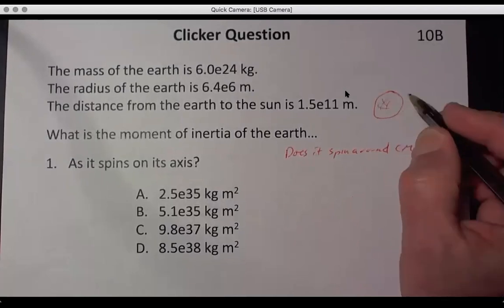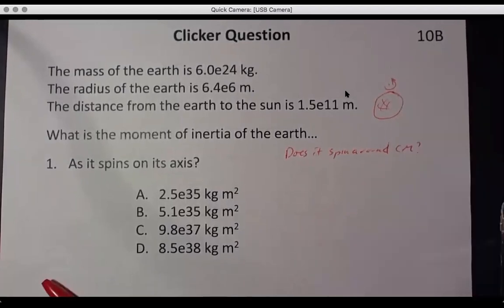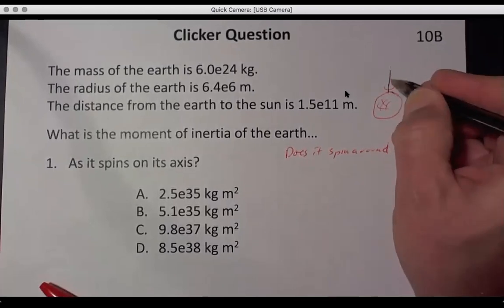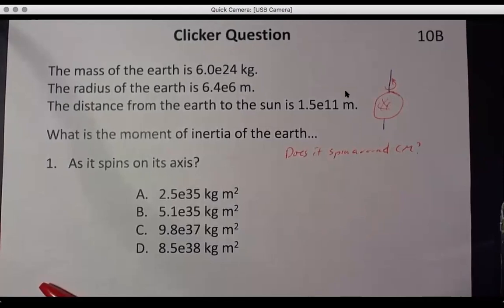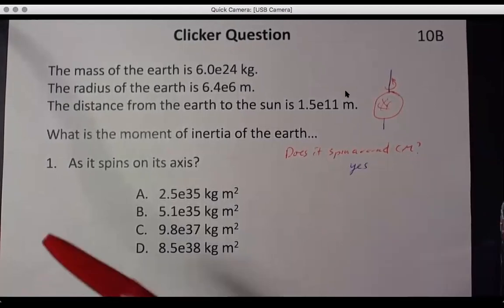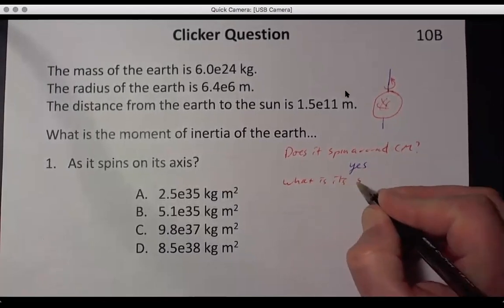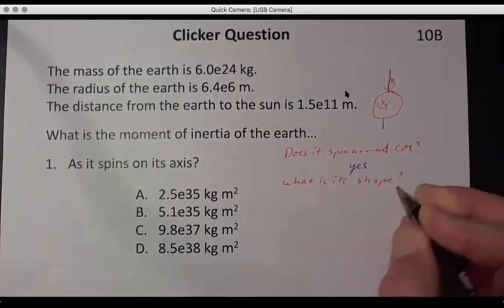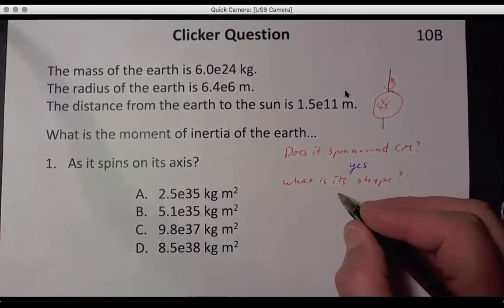It's a sphere, and it's spinning around here, its axis. The axis sort of chunks in there and comes out the other side. And yes, it is spinning around its center axis. So what is its shape? And its shape is, it's a sphere, right?